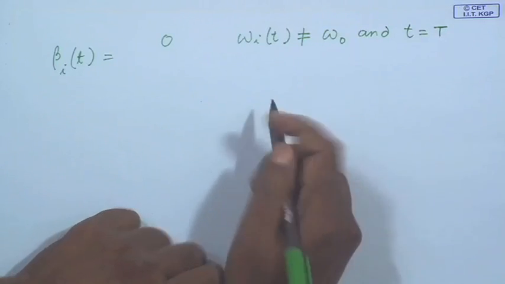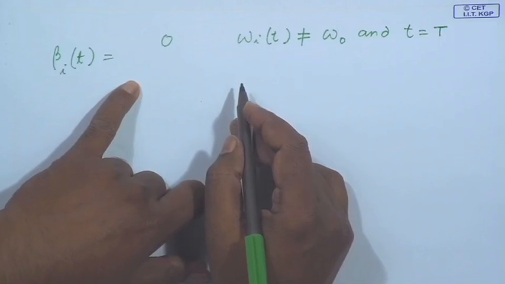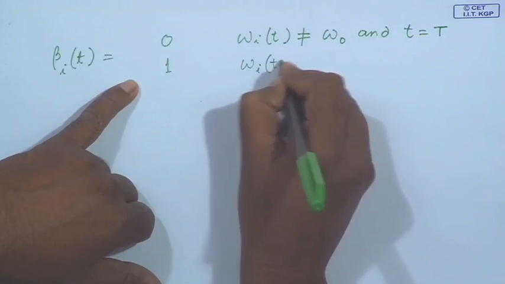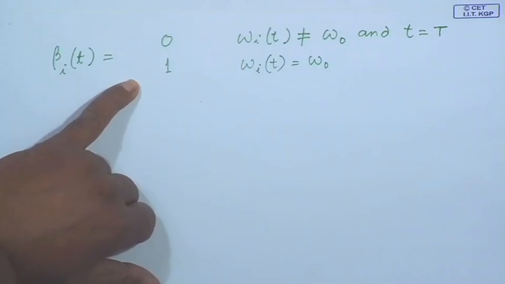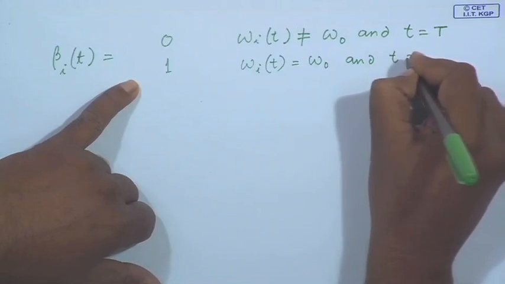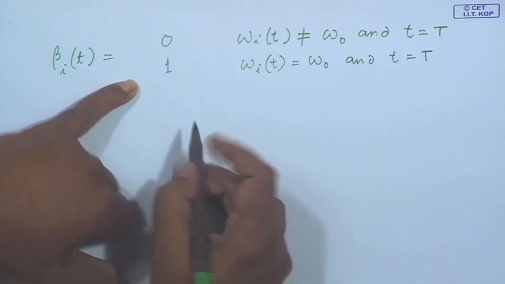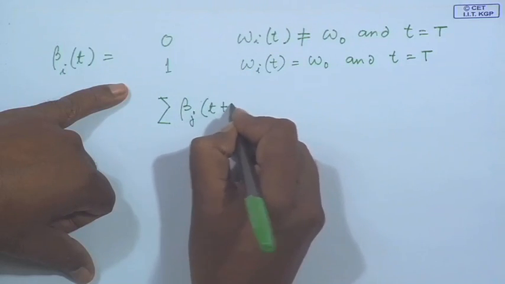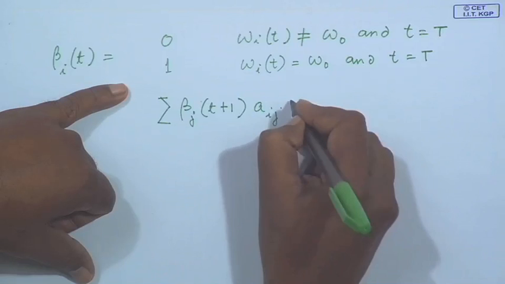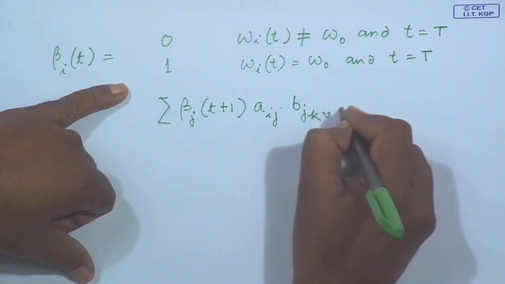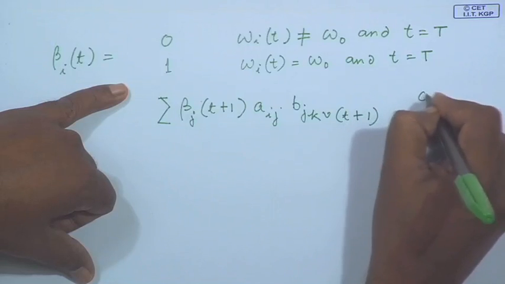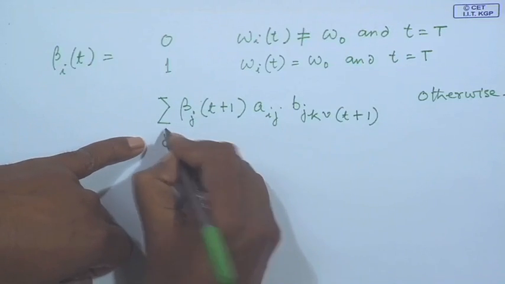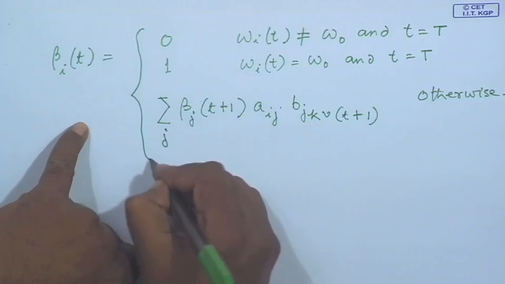So, if this condition is not true, then beta it will be equal to 0, and beta it will be equal to 1 if omega it is the final absorbing state omega 0 and t is equal to capital T. In all other cases, this beta it will be the sum of beta j t plus 1 into a I j into b j k v t plus 1, where the summation has to be taken over all j. So, this is the definition of beta it.